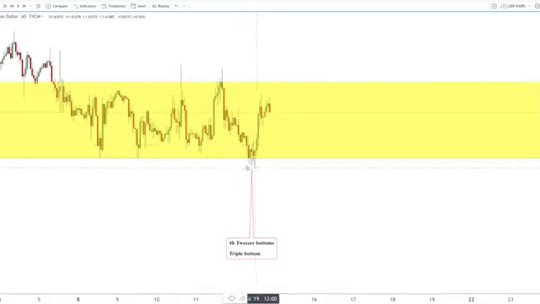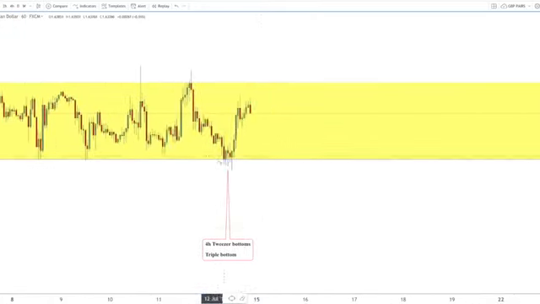So we had that last push lower just before these lows. Good indication that price is rejecting this area one more time. We've just taken out any stops from early people with tight stop losses just underneath here, and then we take off and push up to the upside.